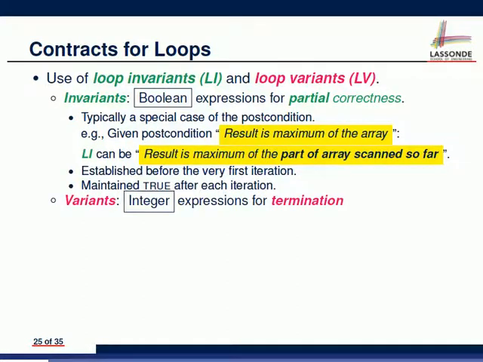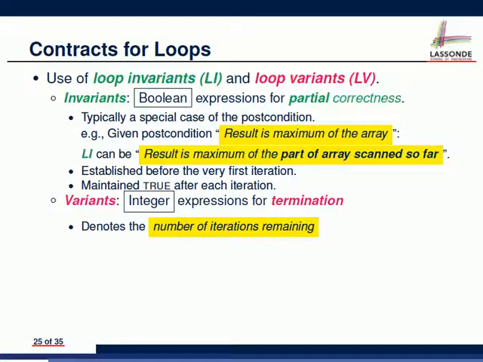And then what about the variant? Just from the literal meaning, variant simply means something that is going to keep changing. So the variant is going to be an integer expression as opposed to a Boolean expression. It's going to tell us when to terminate the loop. It tells you exactly how many iterations remain to be done.